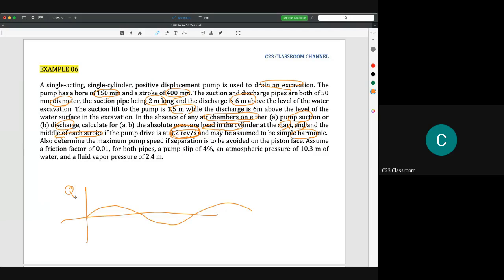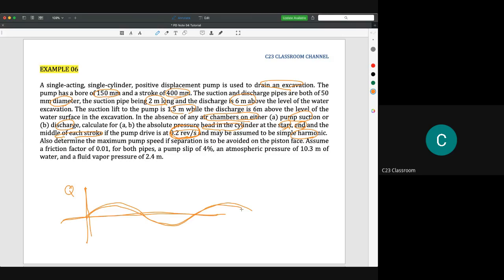If you refer back to our previous notes, I already showed you the graph of the flow rate. It's not weird, so it shows your pump is running at a very good RPM cycle, so it's good at sucking water and delivering water in harmonic condition.